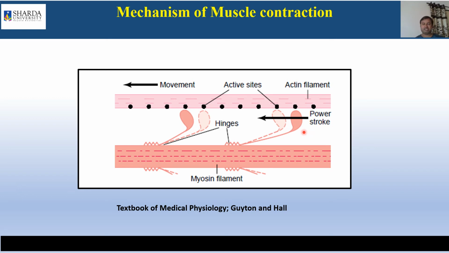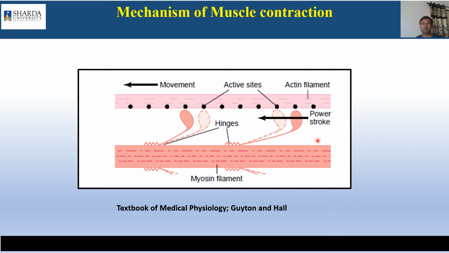After the tilting of the cross bridge or myosin head, ADP and inorganic phosphate combine again to form ATP, and this ATP binds with another cross bridge molecule and repeats the same phenomenon. Again the ATPase enzyme breaks down ATP and energy is released, which is responsible for tilting of the myosin head.